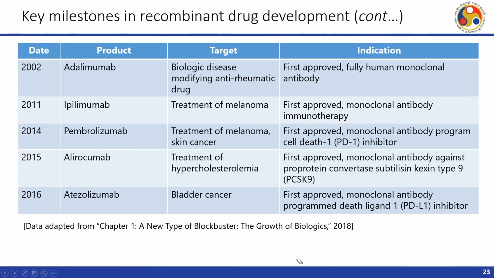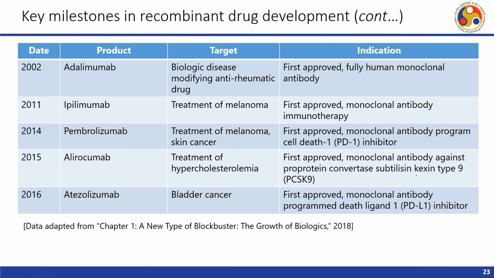Then we have pembrolizumab, which is a treatment of melanoma skin cancer, and it is the first approved monoclonal antibody programmed cell death 1 PD-1 inhibitor. Then we have alirocumab, which is a treatment for hypercholesterolemia.